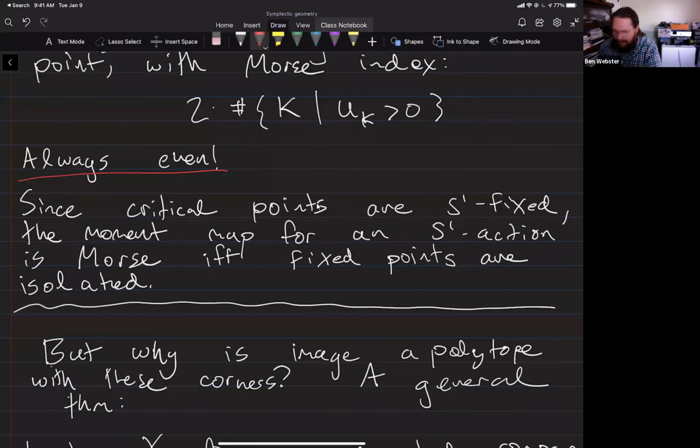Okay, so that's interesting stuff about what happens near a fixed point, and we saw a hint of the polytope coming out, but how do we see the whole geometry of the manifold?